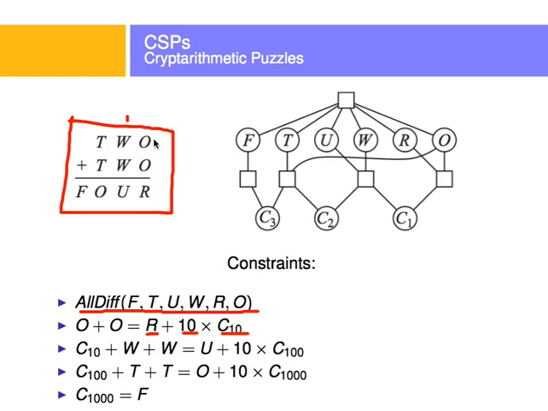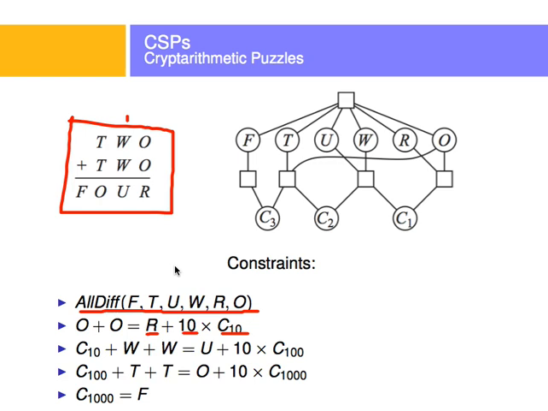If O were 7, then 7 plus 7 is 4 plus 10 times 1, because the carry is 1 and R is 4. So one can say that O plus O is R plus 10 times the carry.